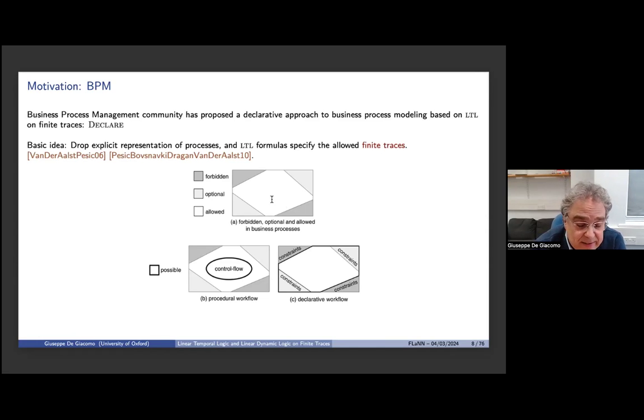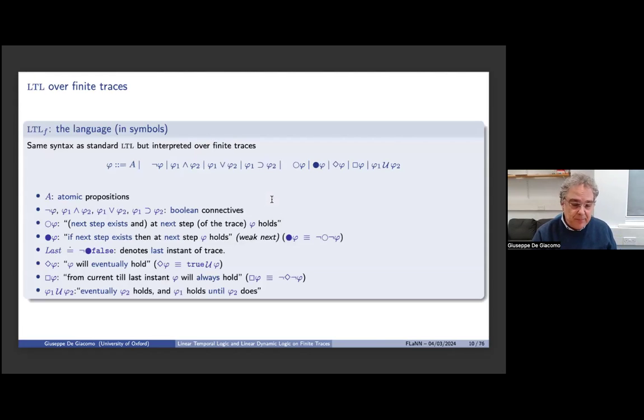And since then, there is an entire branch of business process management that looks at declarative process specification, essentially written in LTL on finite traces. So what is LTL for finite traces?